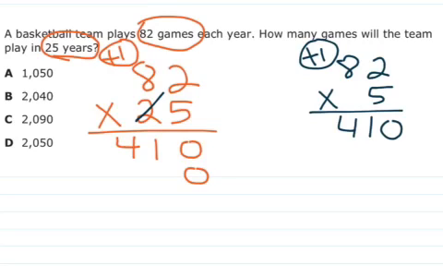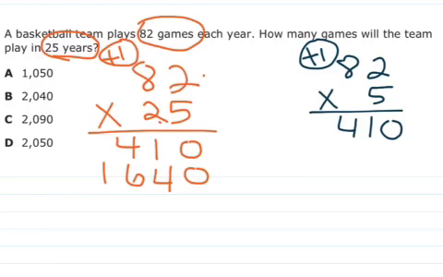Now we move over to the tens place, and now we go 2 times 2 because it's in the tens place. We always go back to the ones place. 2 times 2 is 4, and then back to the tens place. 2 times 8 is 16.